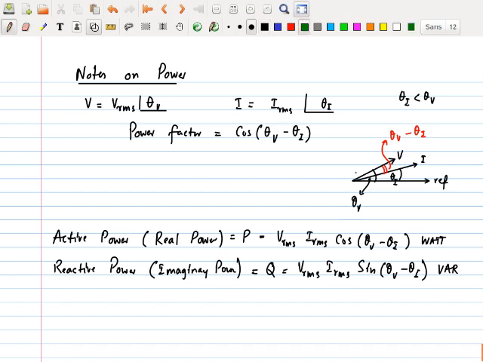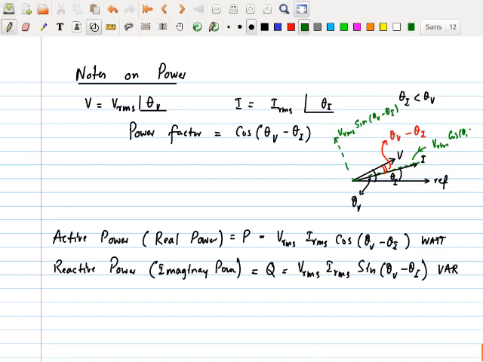So essentially, you are finding some part that goes through this and another part that goes at right angles to that, right? Because you realize this is going to be Vrms sine of theta V minus theta I, and basically this part is Vrms cosine of theta V. So you simply take the cosine part and multiply it with I. You get this one. You take the one that is imaginary and then multiply it with I. You get something called the reactive power.